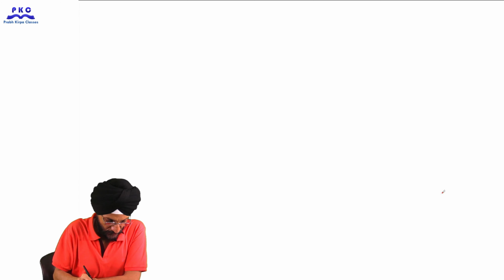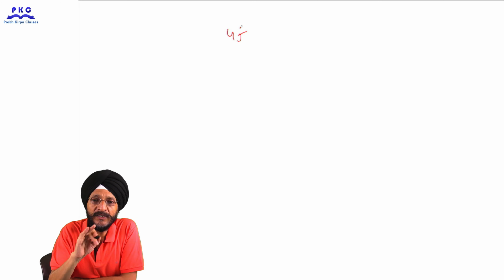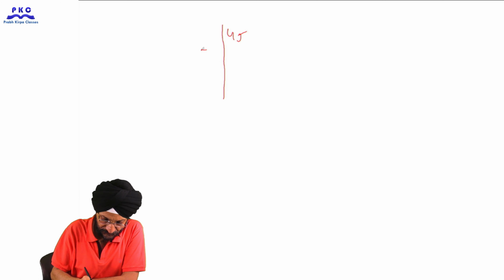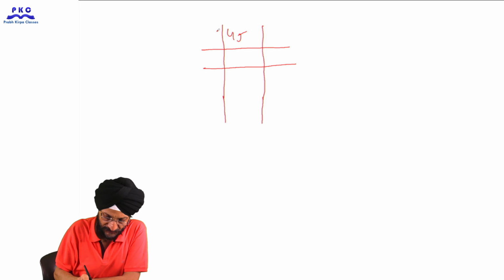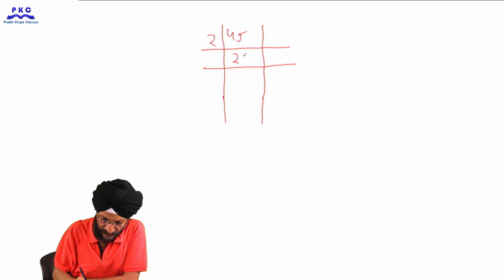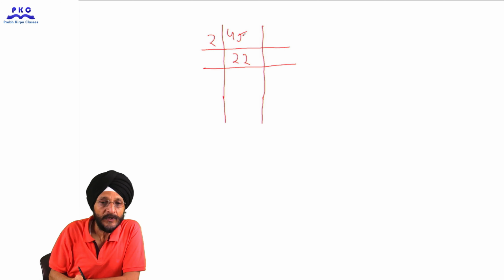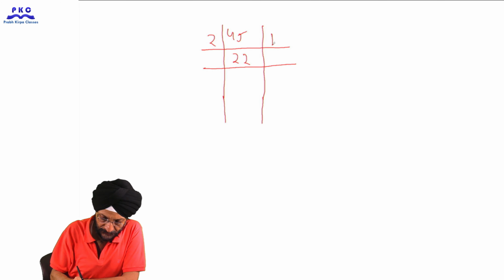What is that format? Suppose we want to convert 45 into binary. We will go on dividing 45 by 2. 45 is divided by 2 and the remainder is 1. 22 is divided by 2, remainder is 0.